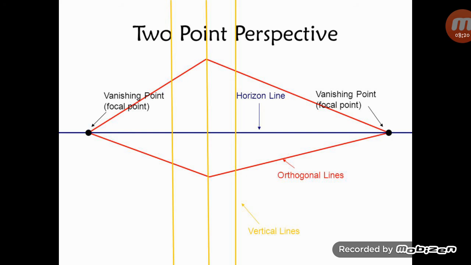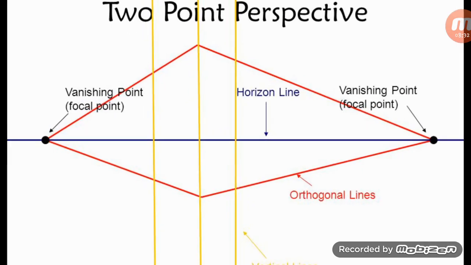Two-point perspective. You can see the vanishing point, horizon line, orthogonal line, vertical lines in this painting.